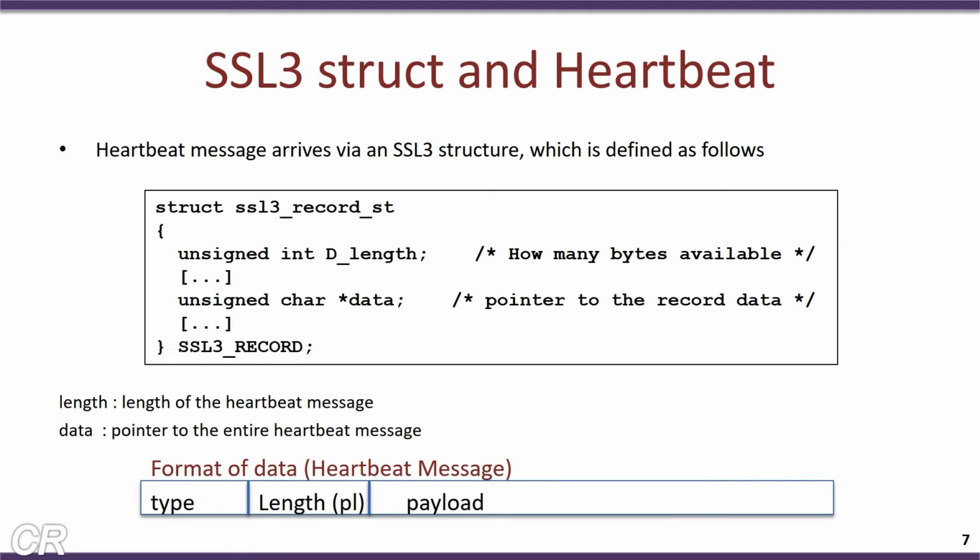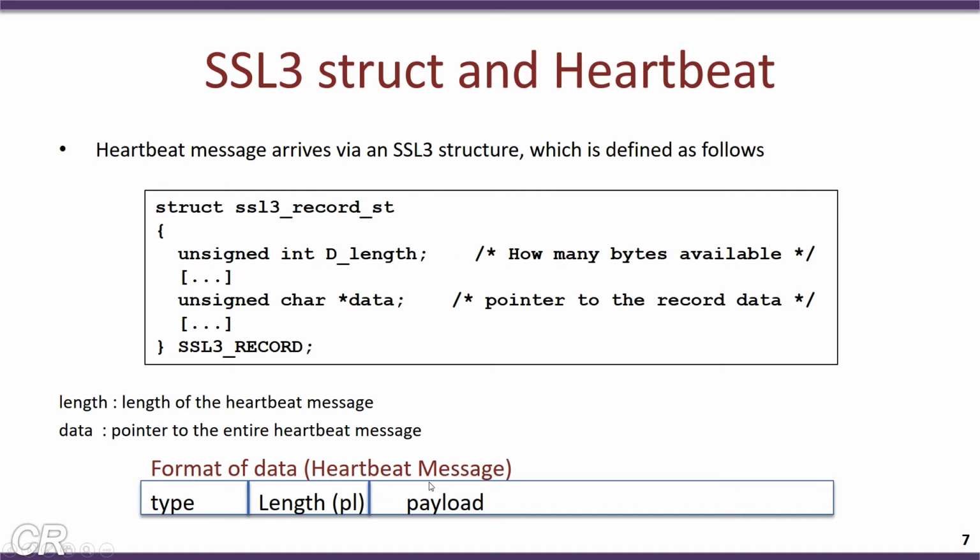Now we also look at the SSL3 structure, which essentially holds the Heartbeat message. Now the SSL3 structure has a lot of elements, but the important ones with respect to the Heartbeat message are just two. One is the D length, which is defined as unsigned int, and the other one is data, which is essentially a string, unsigned character pointer. Now this data is essentially the Heartbeat message, which we have discussed earlier, comprising of the type, the length of the payload, and the payload itself.